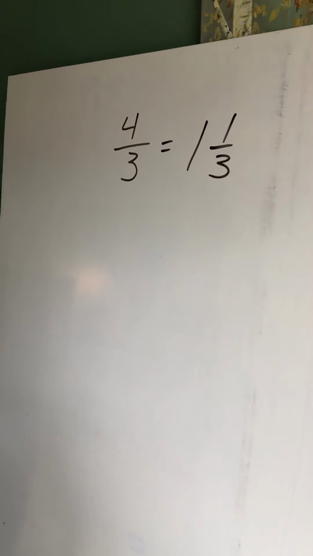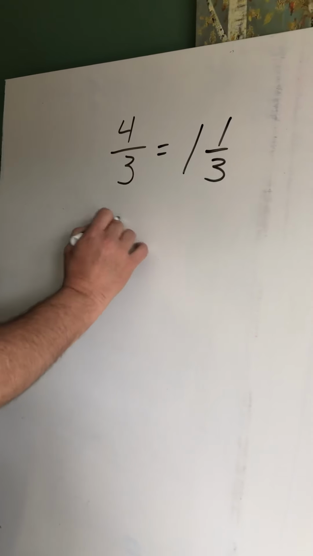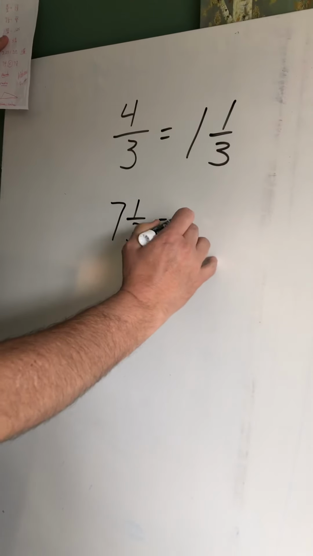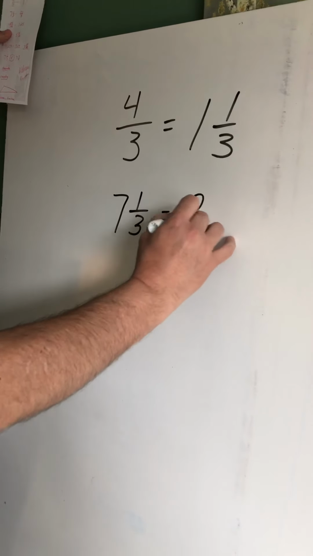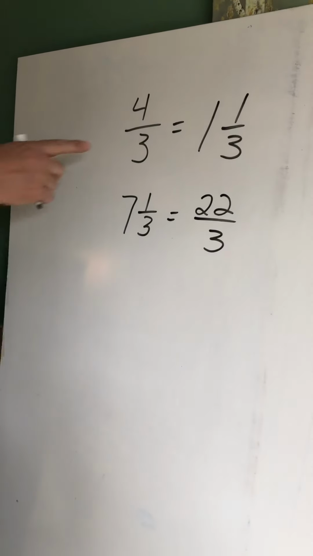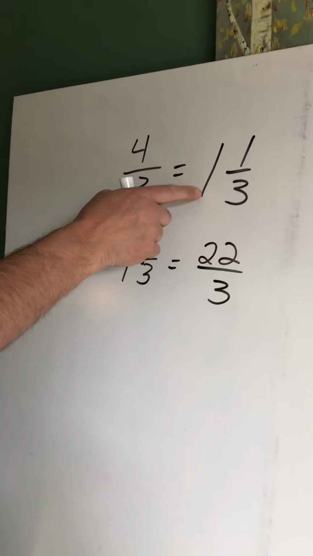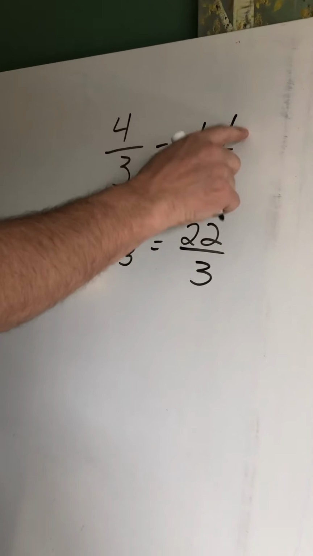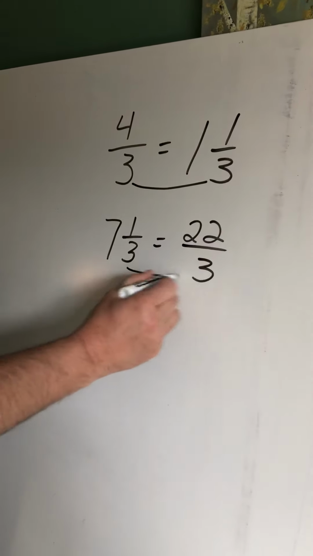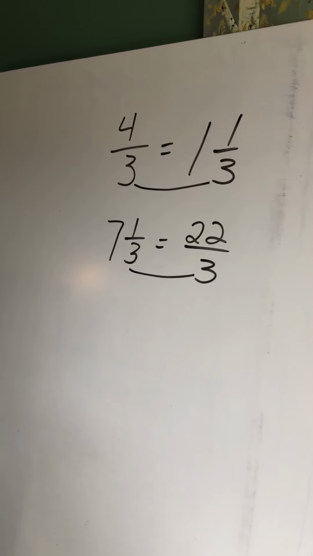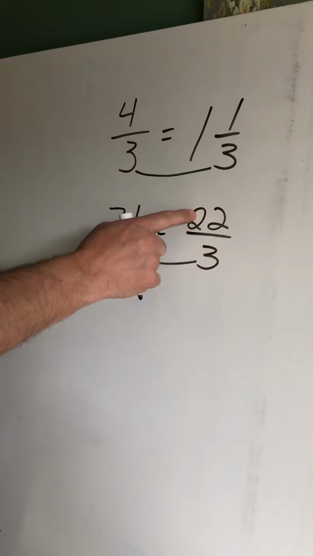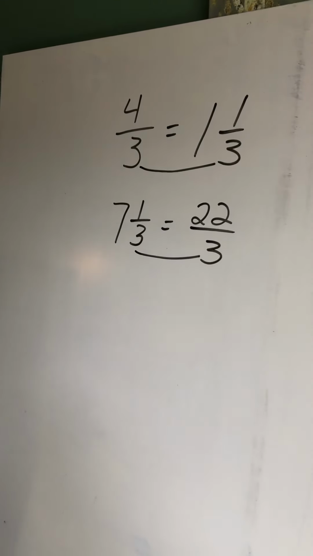Part 3 is a mixed number turned into an improper fraction. Okay, so real quick again, 3 into 4 goes one whole time. You got 1 left over. That's this one. And remember, the denominators are always staying the same. Here you have 7 times 3 is 21, plus 1 is 22. Denominator stays the same.